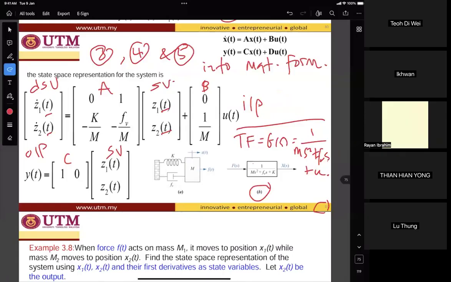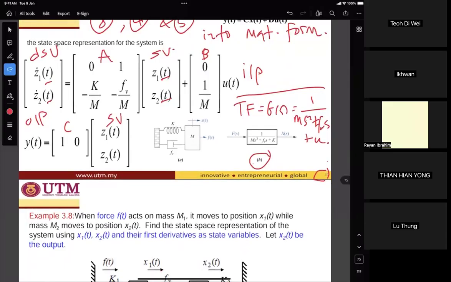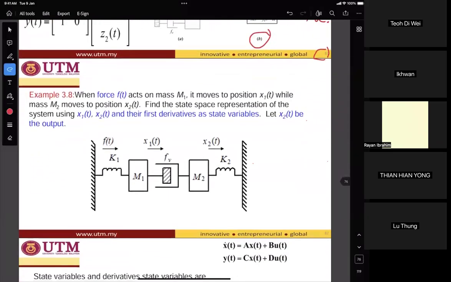Ikhwan, tak datang. Ryan, Ibrahim? Yes, doctor.